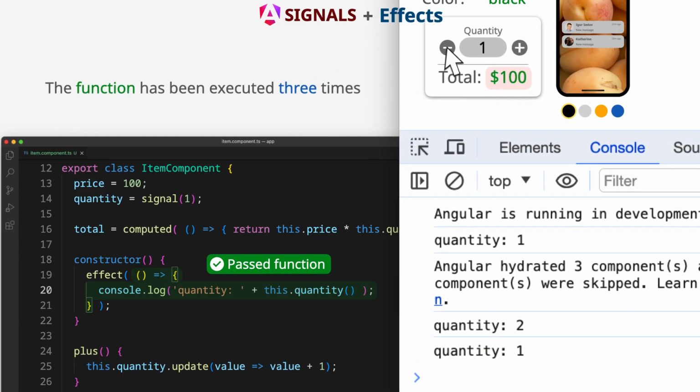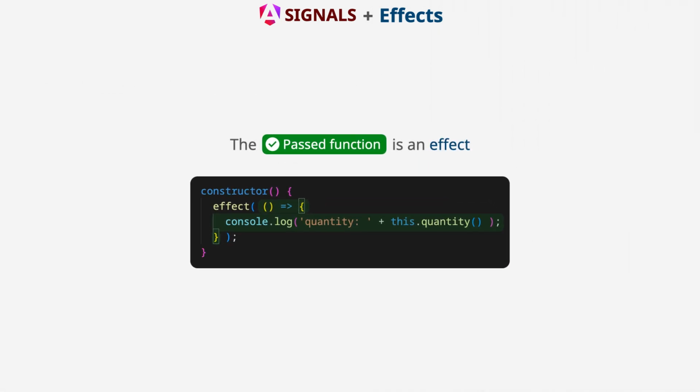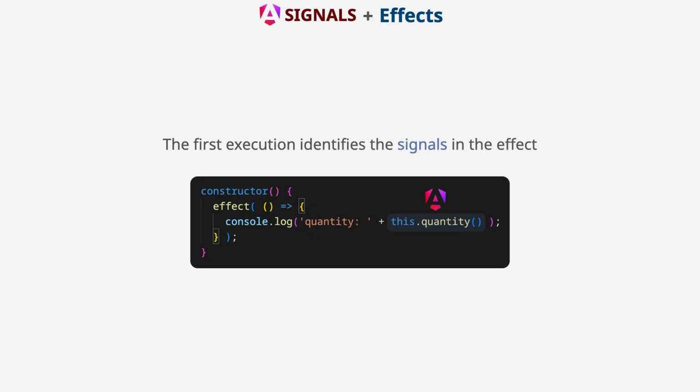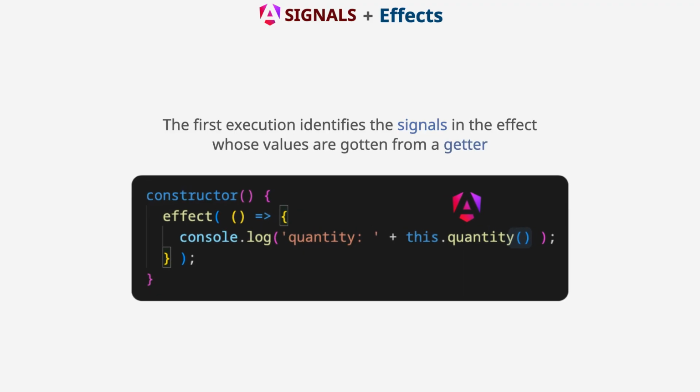The function has been executed 3 times. The passed function is an effect. Any effect is executed at least once. The first execution identifies the signals in the effect whose values are gotten from a getter.